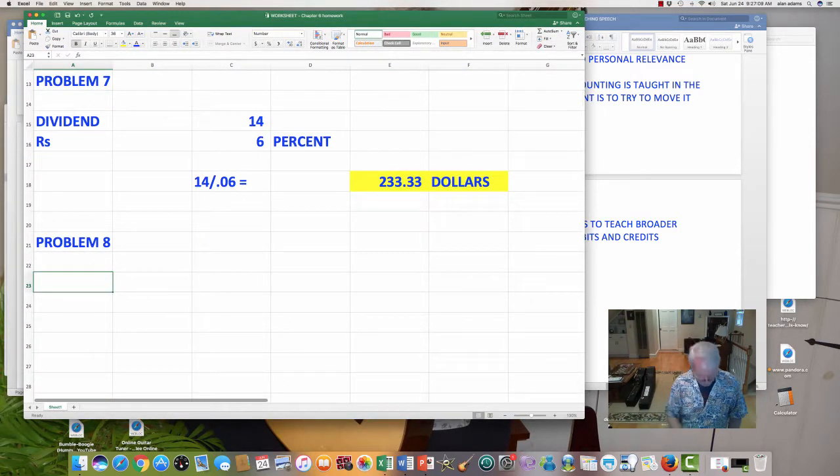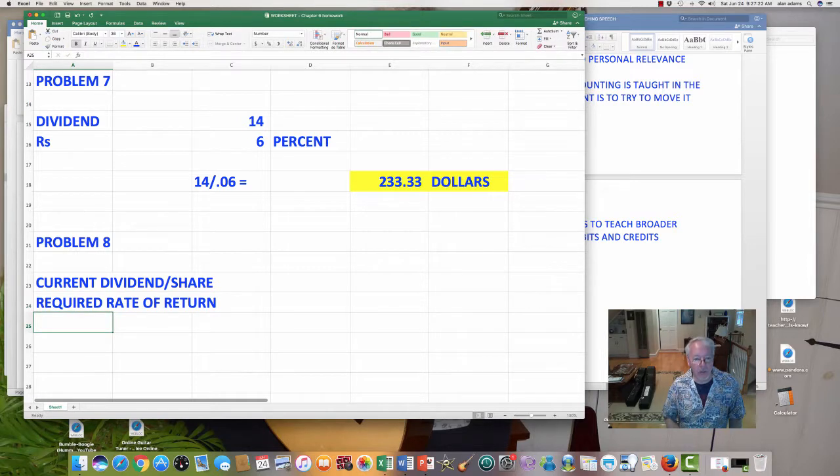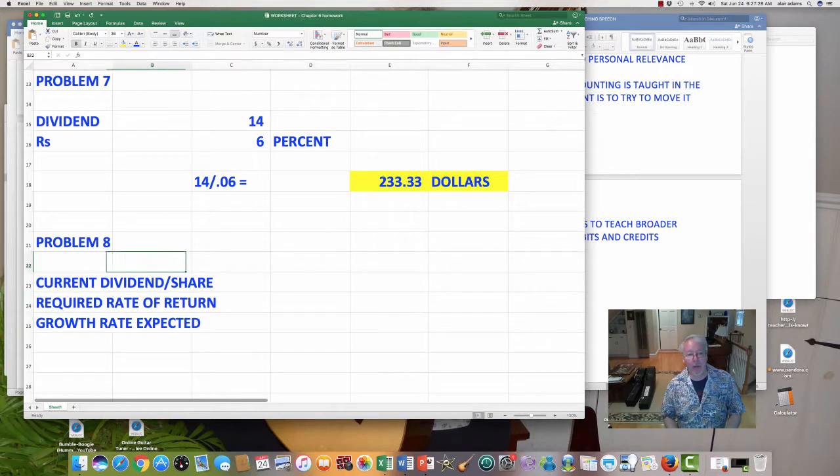We need to know, right now, the current dividend per share. Okay, we're going to need to know the required rate of return, and we're going to need to know the growth rate of that dividend that we expect. Okay, the current dividend per share for this stock is $1.87.